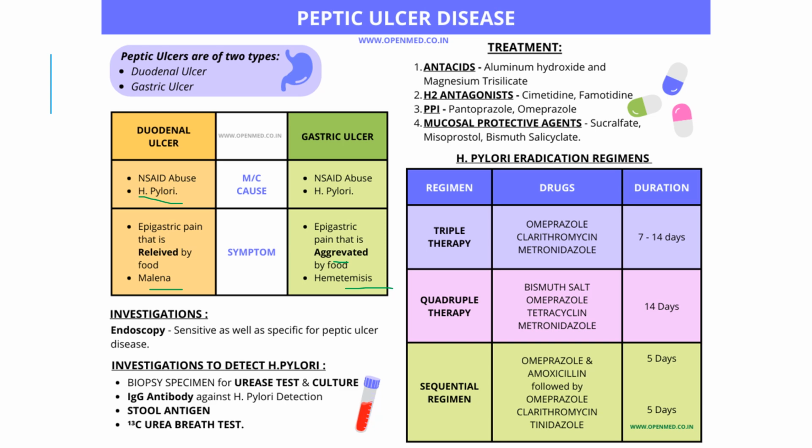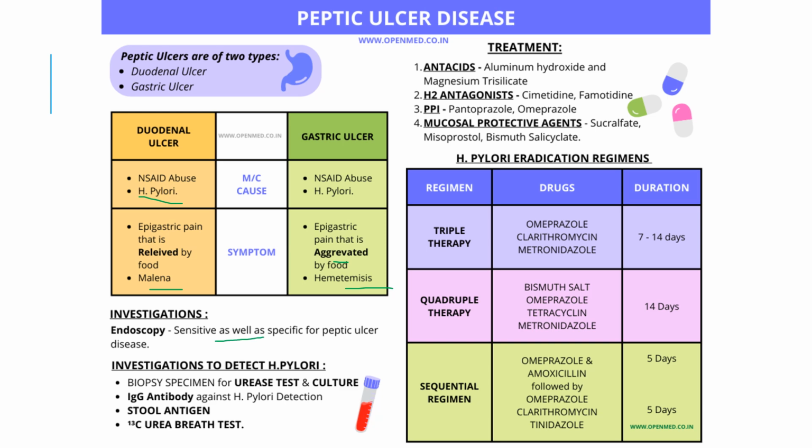Both are upper GI bleeds. Melena means thick, tarry, black stool due to digested blood passing with the stool. Hematemesis is blood mixed with food or vomitus.